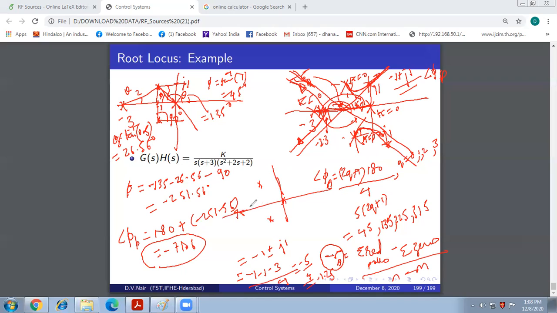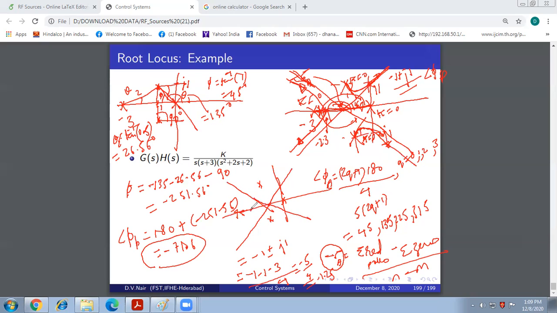Then you had four asymptotes at 45 degrees. You extend it here, it comes out like this, then like this, then like this. It should actually join the same point.